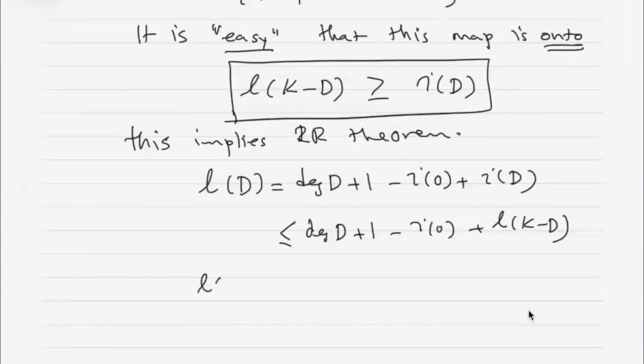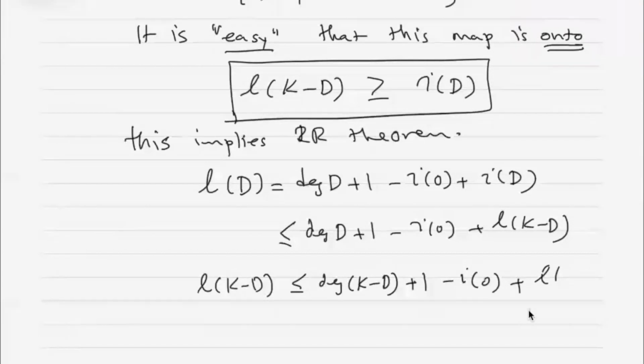Now this implies that L of K minus D is smaller than or equal to degree of K minus D plus 1 minus I of 0 plus L of D. And this is 2g minus 2 minus degree of D plus 1.